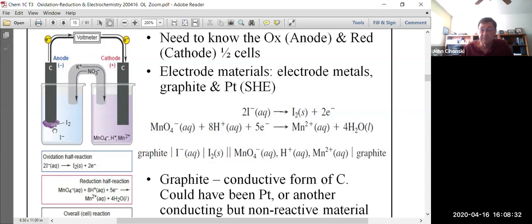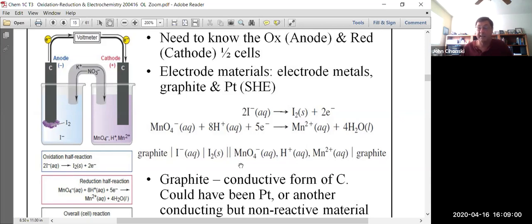It is a solid, okay? So this says I have a graphite electrode. I can visualize that. I have I- in solution, and I have I2 that's sitting on the graphite electrode. Then I have that container or portion separated by a salt bridge from the cathode half cell.